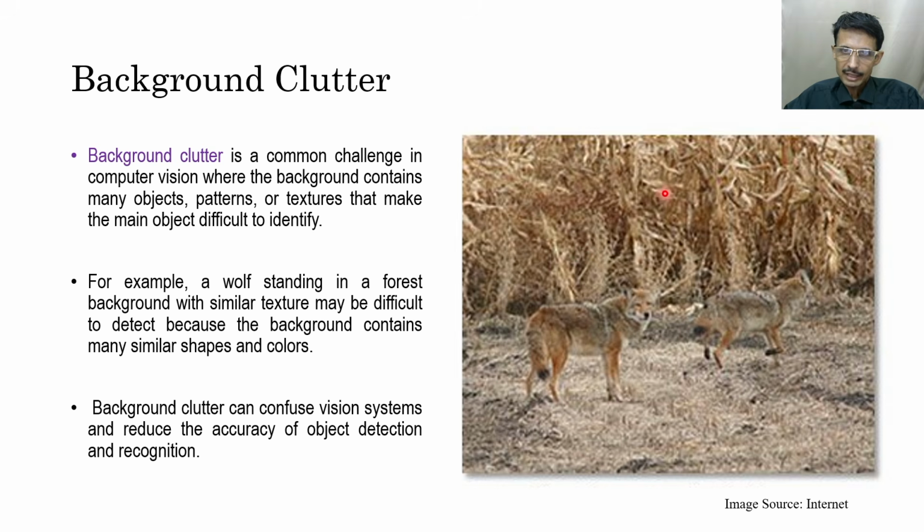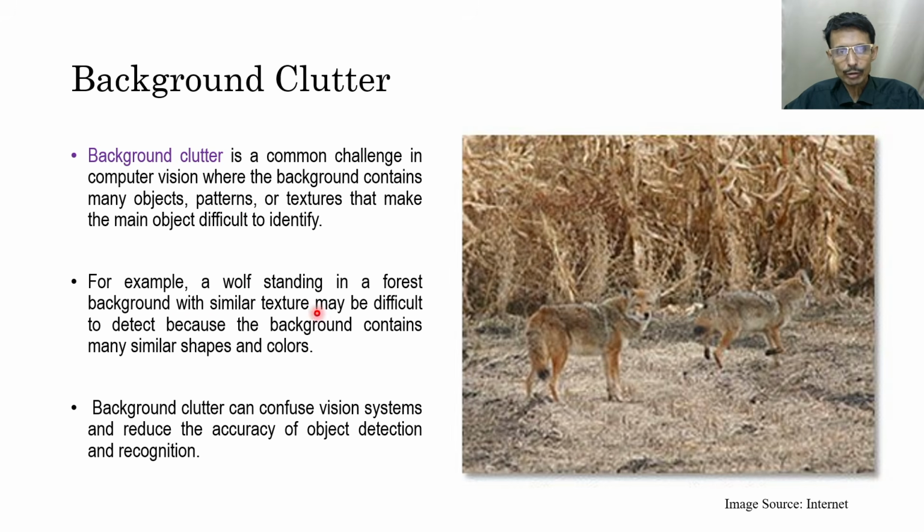Here you can see the background is somewhat similar to the skin color of this fox or wolf-like creature. Background clutter is a common challenge, where the background contains many objects, patterns, and textures. That makes the main object difficult to identify. This is called background clutter.